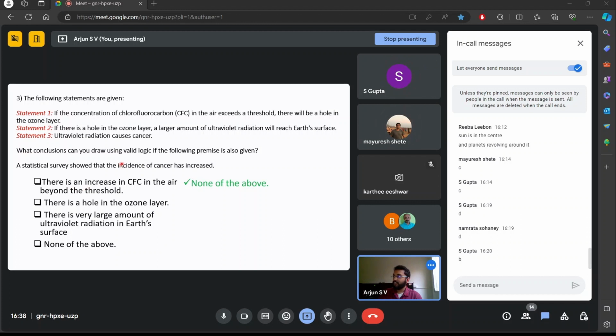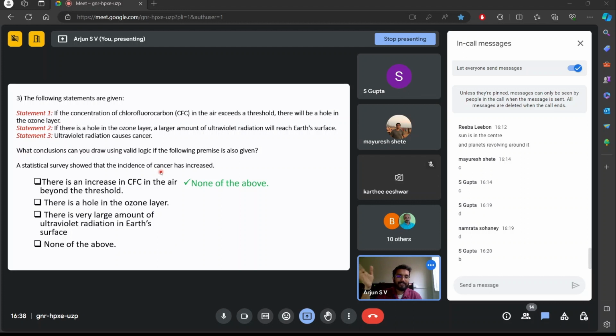So where can we start? The incidence of cancer has increased. So we will see with respect to statement 3 alone. They are given that UV causes cancer and there is an incidence of cancer. So A gives B, and B is there. They are expecting whether A is there or not. That will not be possible, because cancer can be caused by any other thing as well.